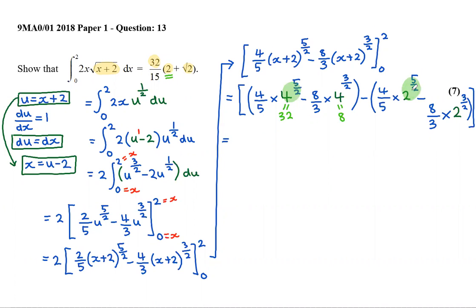Now that is, if we just have a look at this for a moment, the same as saying the square root of 2, but then raised to the power 5. Okay, so I hope that makes sense. In a similar way, the 2 to the power 3 over 2, that's going to be root 2 cubed. All right, so we can do something like that in a moment.